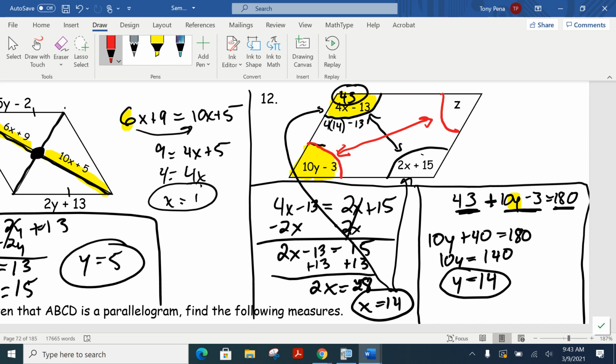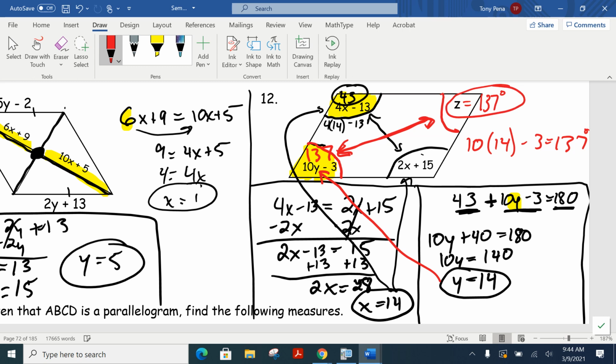Okay, and how'd you get that? Good. So he took the y, plugged it in right here, right? So if I did 10 times y, which we now know to be 14, minus 3, that's 137 degrees. So this overall angle is 137. And then he's right. These opposite angles are congruent. That's all z is, the overall angle. So that would have to be 137 degrees for z.